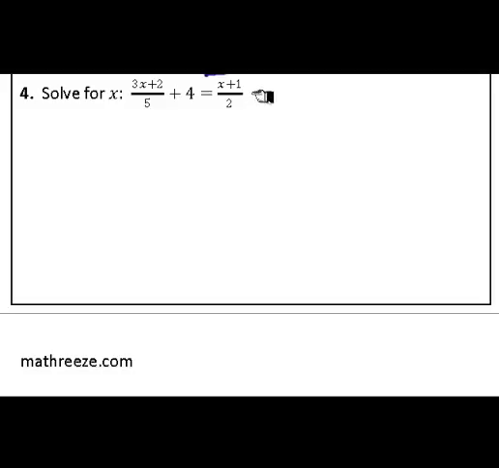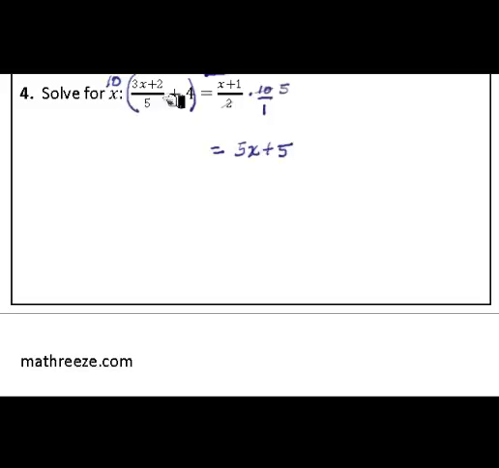Let's multiply both sides by 10, or 10 over 1, and here as well. On the right-hand side, we'll just simplify before we multiply. 2 into 10 is 5. So on the right-hand side, we have 5 times x plus 1. That is 5x plus 5.